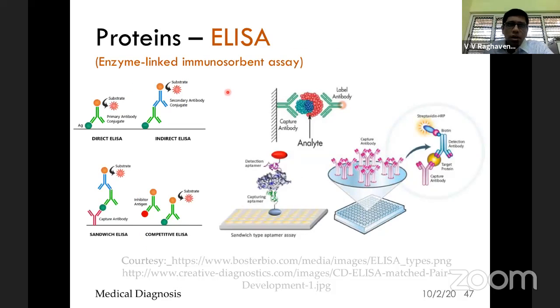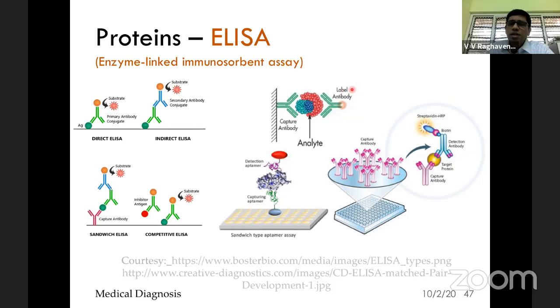So ELISA, you are very much aware. There is a sandwich immunocomplex with the secondary antibody having labels. In luminescence, instead of an enzyme, in electrochemiluminescence, ECLIA or CLIA, both are more or less similar.